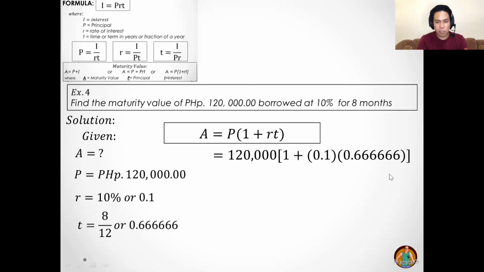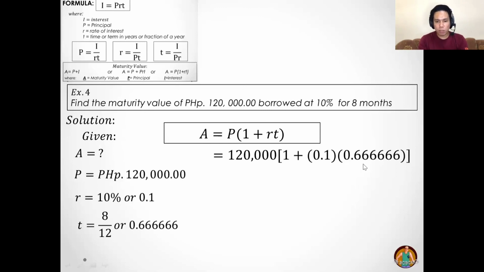Kinuha ko lang is 6 digits kasi yung principal amount natin is 6 digits lang din naman. Kasi when we're talking with money, dapat exacto talaga. So we cannot round off 0.66 to 0.67 kasi we're talking with money, so dapat exacto talaga. Okay? Sige. So multiply first.